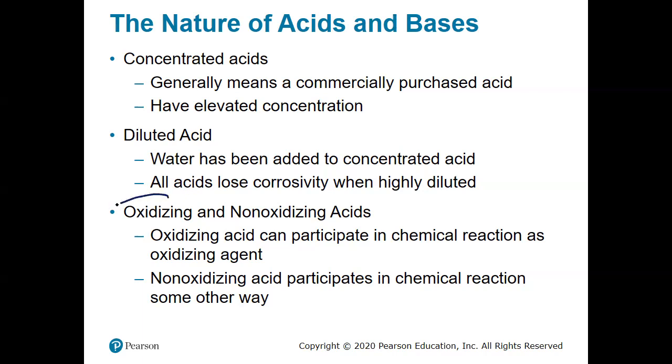Now, the last acid type that is worth mentioning are the oxidizing acids. Oxidizing acids kind of have two things going for them. First, they're corrosive by nature of being acids, but they are also good oxidizing agents. They're oxidizers. And so your most common examples of those, nitric acid is a very good oxidizing agent.